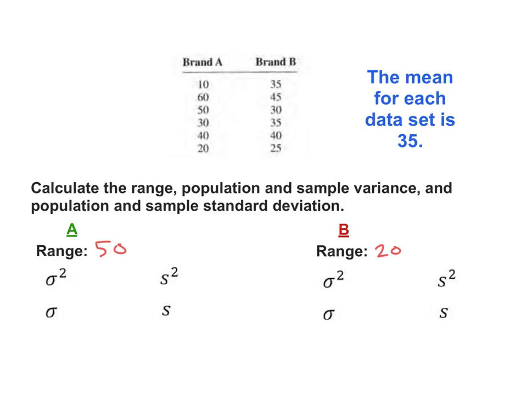When you go to do your calculations, you need to pay particular attention to where your data is. So in this case, we're going to focus on brand A, and that is in my list 1. So in order to get our calculator to do the calculations for us, we're going to hit the stat button again and arrow over to calculate at the top.